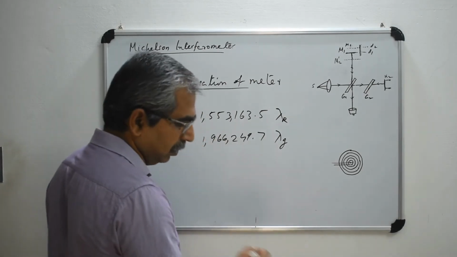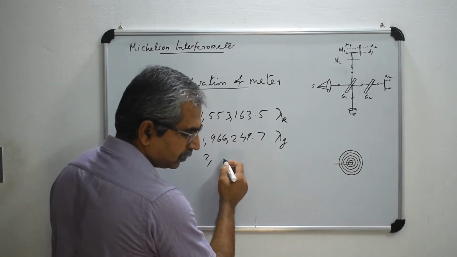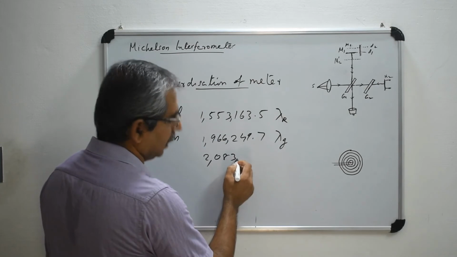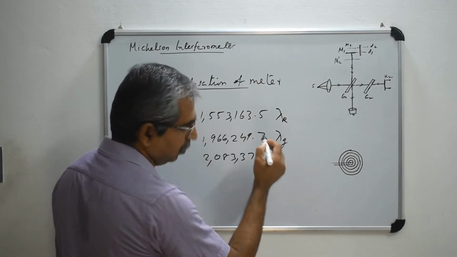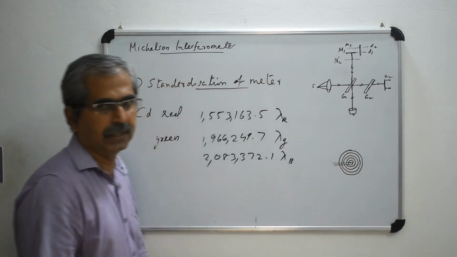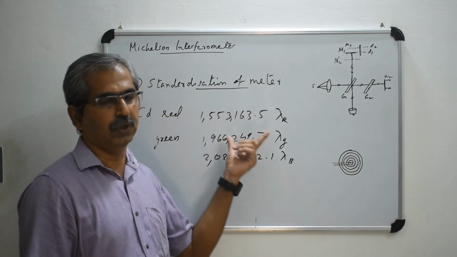And in terms of the blue light, this will be 2,083,372.1 lambdas of the blue light that is emitted by cadmium. Okay, so that is one way of defining it.